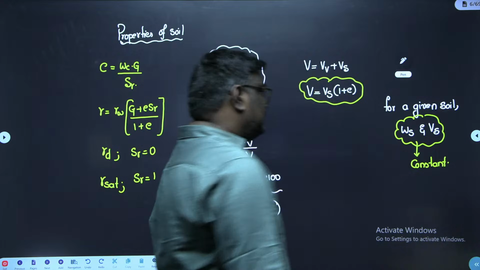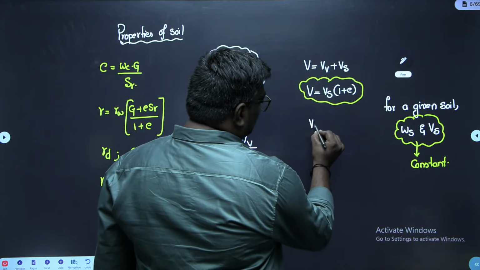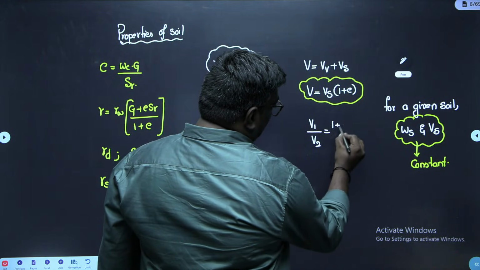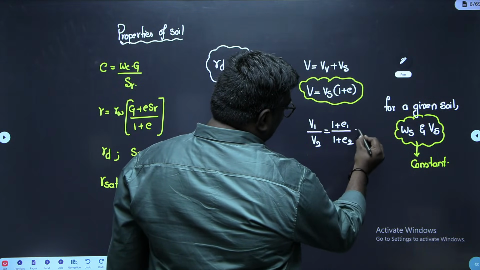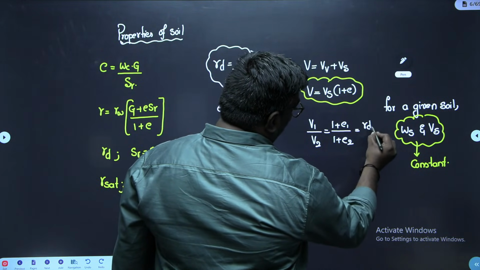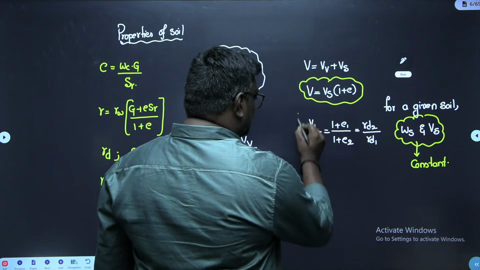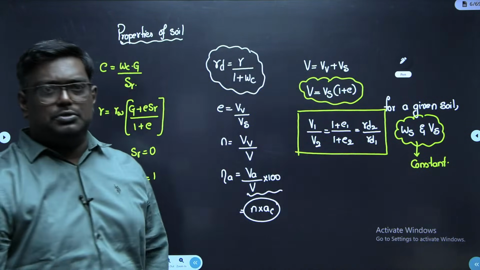So here if I see, this equation can also be written as V1 by V2 is equal to 1 plus E1 by 1 plus E2, or you can say gamma D2 by gamma D1. So this is also another important formula when you are solving the questions.